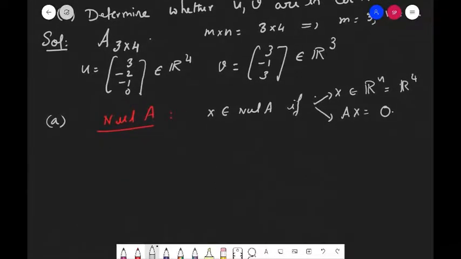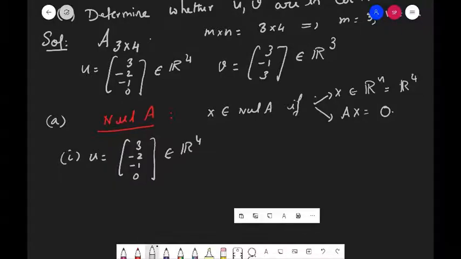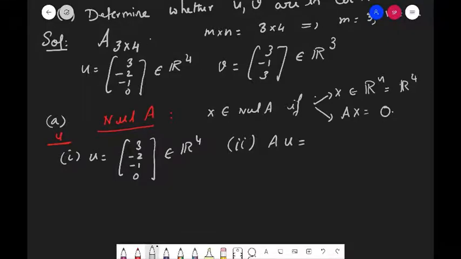Let me take the first one. u is equal to (3, -2, -1, 0), and it belongs to R4, so the first condition is satisfied. This I am doing for vector u. The second point for this u vector is Au. What does A into u mean?